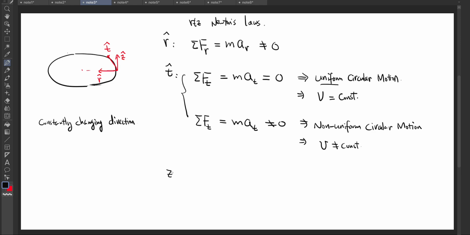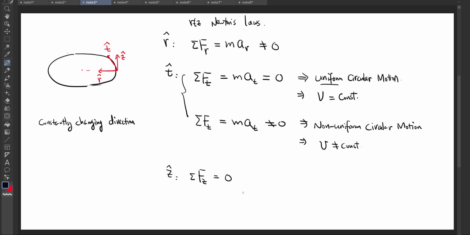Now, how about the z-hat direction, the direction perpendicular to the motion plane? In this direction, we can be sure that it's always zero. So whatever force we have here should be zero, right? Because otherwise, if this net force is non-zero along the z-hat direction, then the object will fly out of the plane, either going up or going down.